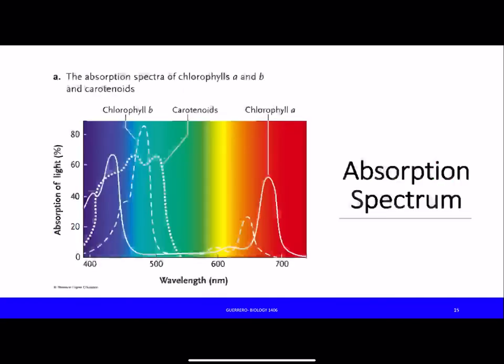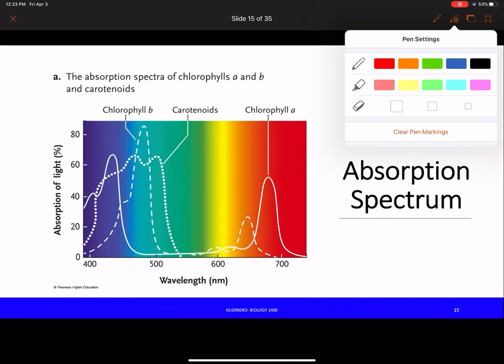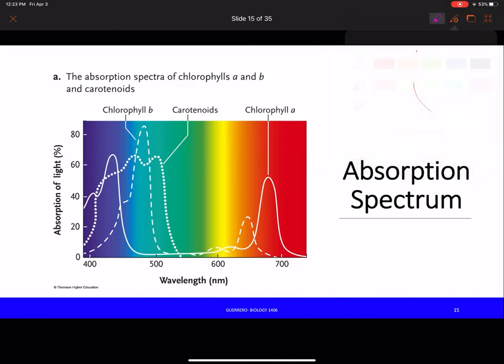So let's look at where these guys absorb. Starting off with chlorophyll A. Chlorophyll A is the solid line on this diagram. So, this line right here. Chlorophyll A absorbs in the following places. And I'm going to highlight that in pink.